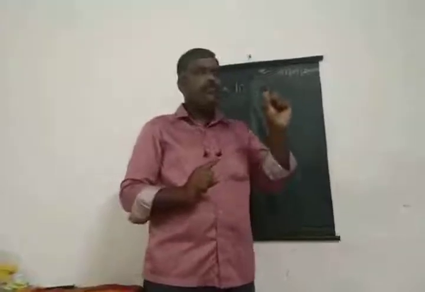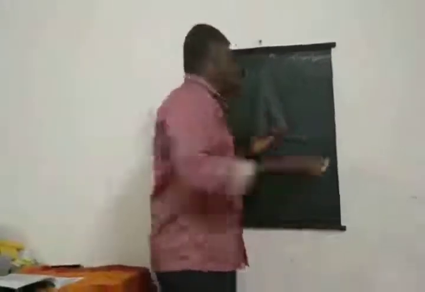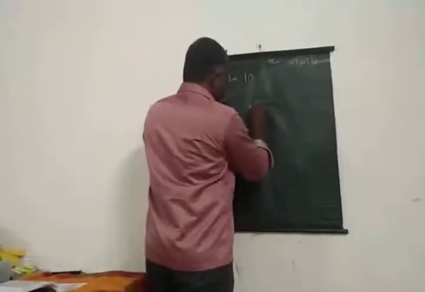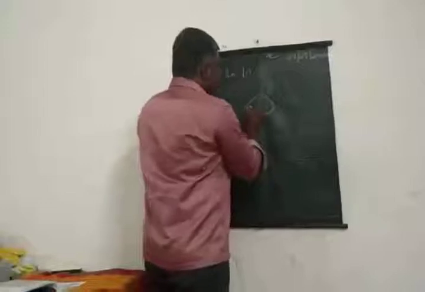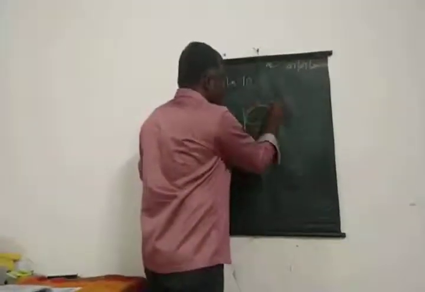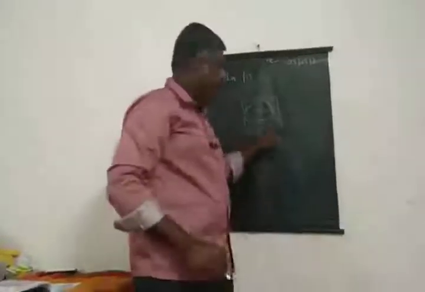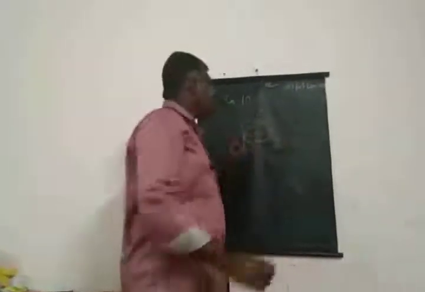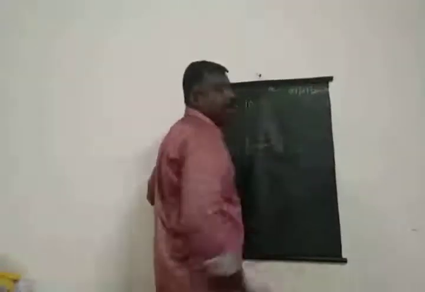Suppose you are given a material and asked to find the diameter. If you take an object like a 1 rupee coin, we have to find the diameter of the 1 rupee coin. We can use the vernier caliper. We cannot use the screw gauge.